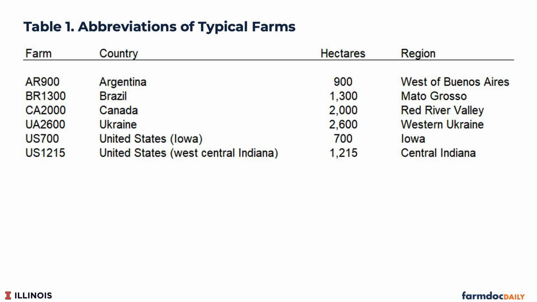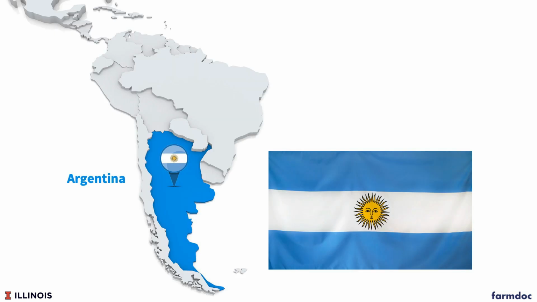Typical farms used in the Agri-Benchmark Network are defined using country initials and hectares on the farm. To fully understand the relative importance of the corn enterprise on each typical farm, it is useful to note all of the crops produced. The typical farm in Argentina produced corn, sweet corn, soybeans, sunflowers, and winter wheat in 2022.